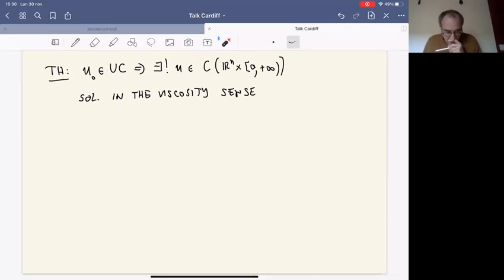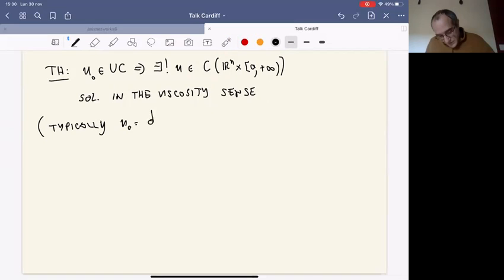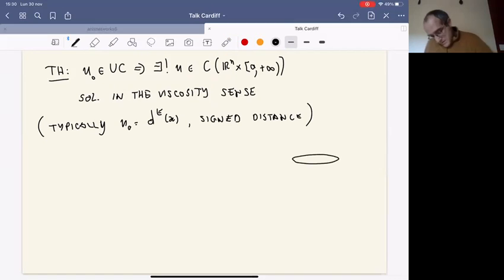Okay. So as a remark, typically for u0, for example, you take the signed distance function from the set E. That's a possible typical choice, so you have the set E, and that's u0.